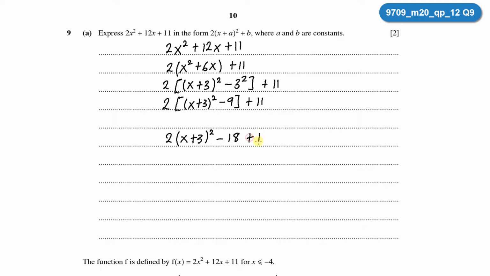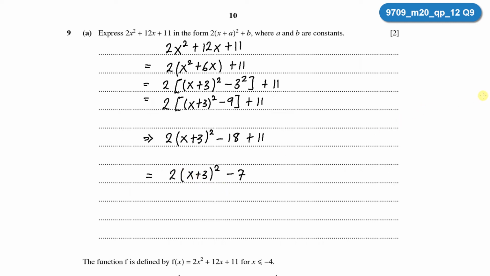Then plus 11, that's already there. We are now saying minus 18 plus 11, that gives us minus 7. So finally the answer comes out as 2 bracket x plus 3 squared minus 7. So that's how we complete the square for 9 part A.